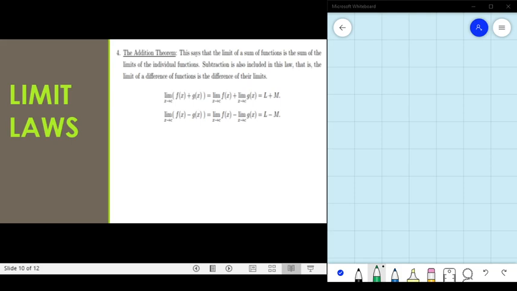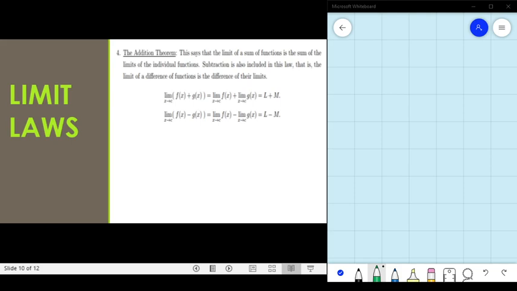So for example, the first limit is L and the second limit is M. We are simply to add the limit L plus M. And to find the difference, the limit of the difference of f of x minus g of x as x approaches c is similar to finding the limit of f of x as x approaches c minus the limit of g of x as x approaches c.